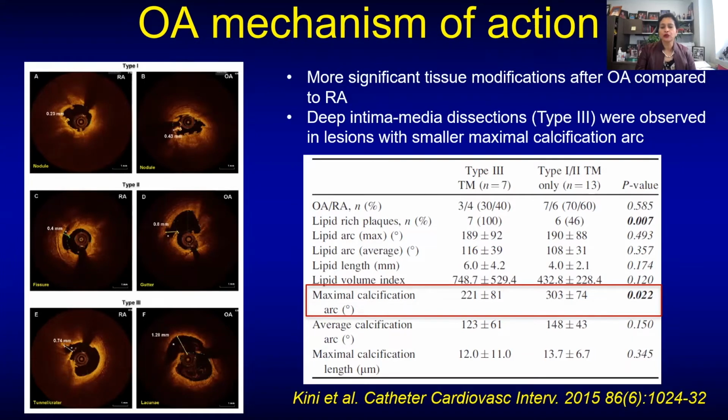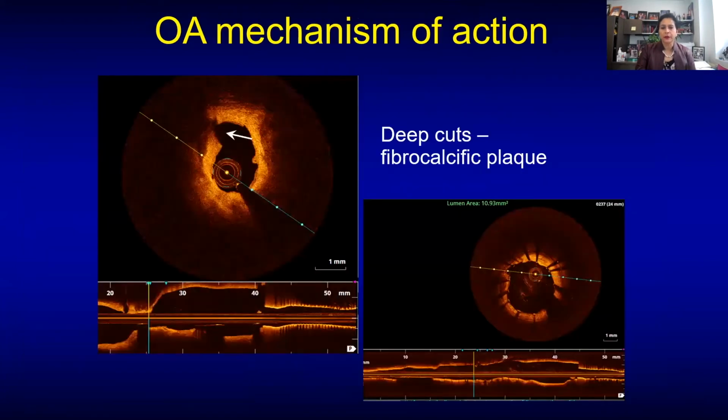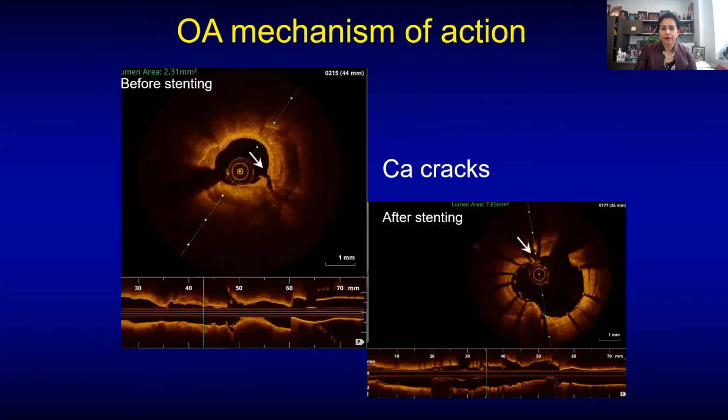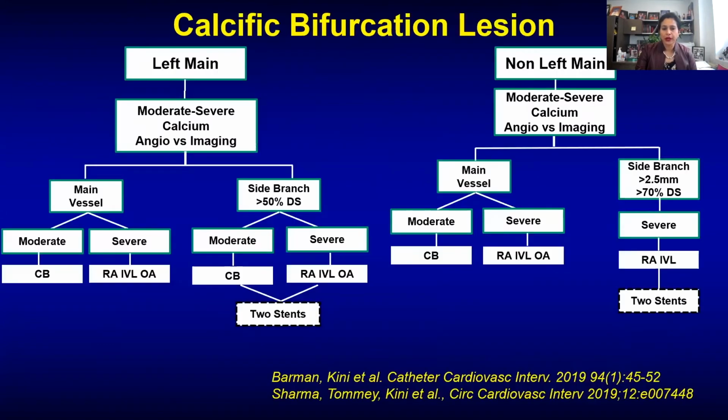When you had a smaller arc, then you got a deep intimal dissection, which we called type 3. This is the deep cuts that you see here with the OCT, calcium sanding when you do OA, as well as the calcium cracks that you see when you do OA.